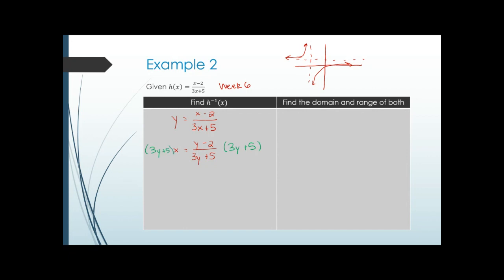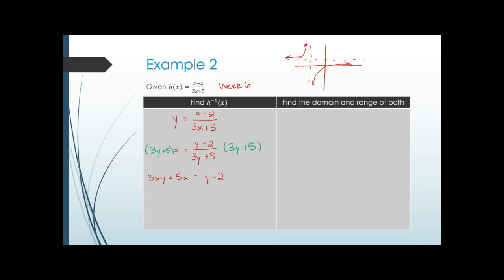So I'm going to multiply both sides by our denominator. That gives me 3xy plus 5x equals, and then the fraction disappears. That's why we multiplied by the denominator. So we just have y minus 2.